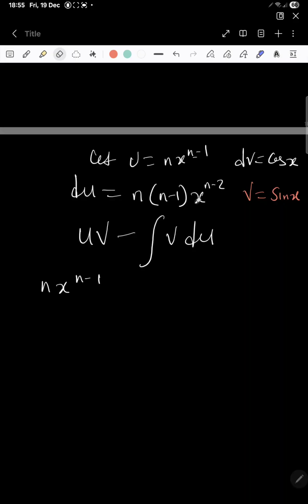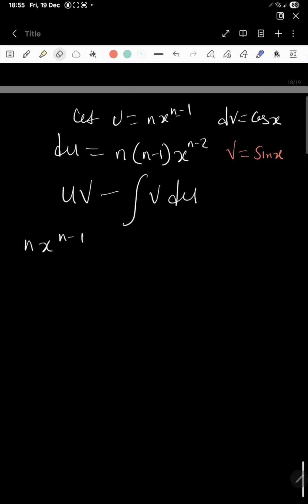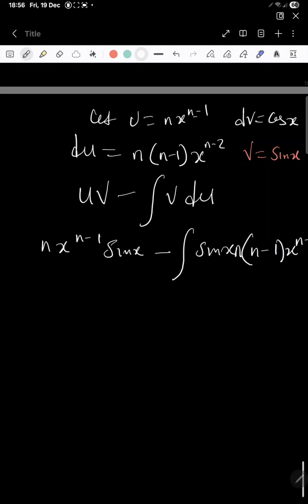And then our v is sine x. So you write sine x there. So you write sine x minus the integral of v, which is sine x, du is the n open, n minus 1. Then we have n minus 1 x to the power n minus 2, like that.